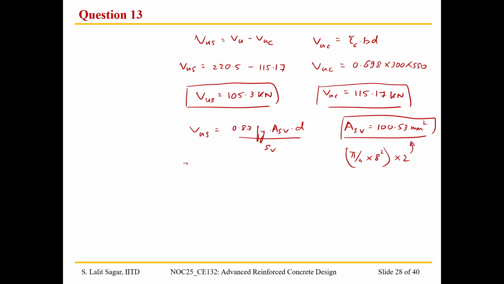So let us find out the value of SV. SV is 0.87 into 415 into 100.53 into 550 divided by VUS, that is 105.3 into 10 to the power 3.